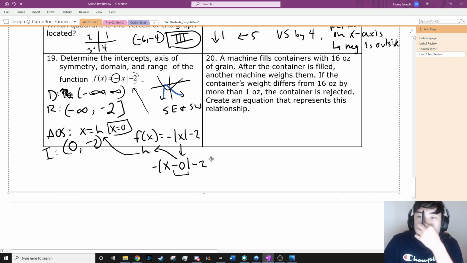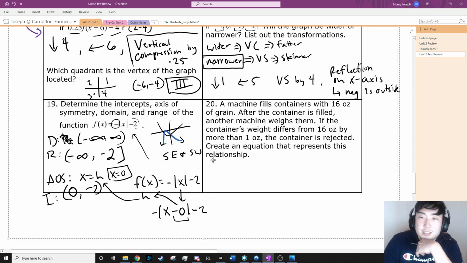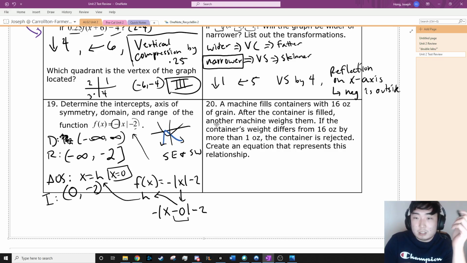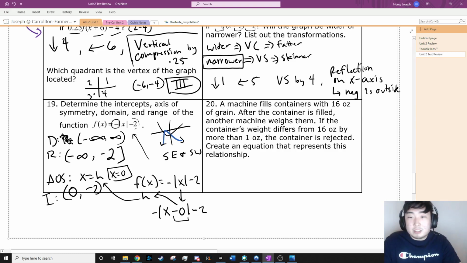A machine fills containers with 16 ounces of grain. After the container is filled, another machine weighs them. If the weights differ from 16 ounces by more than 1 ounce, the container is rejected. Create an equation that represents this relationship. So, the question is, are you using inequality or are you using equal to?